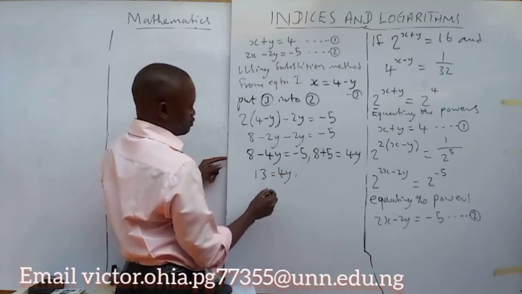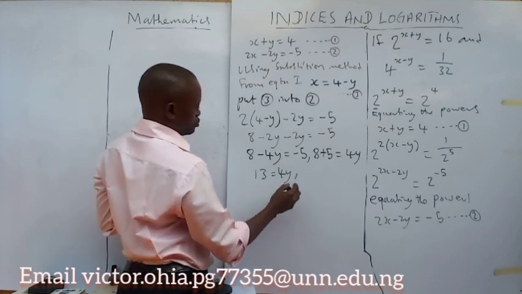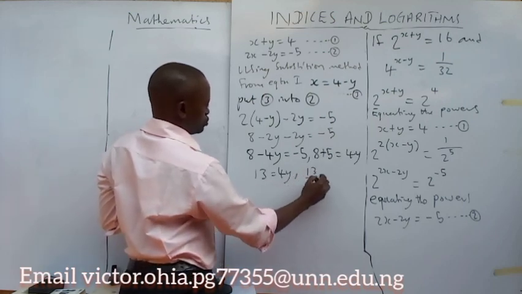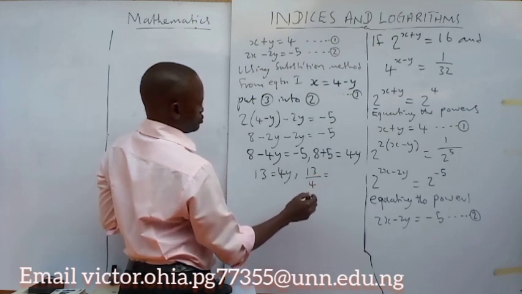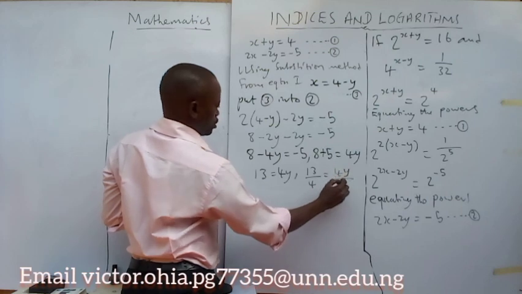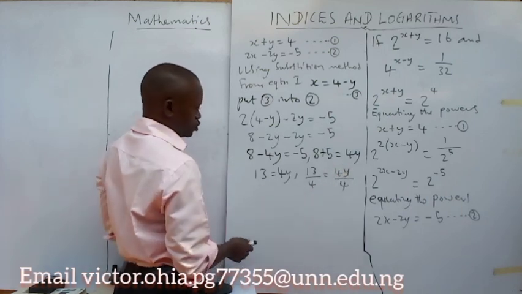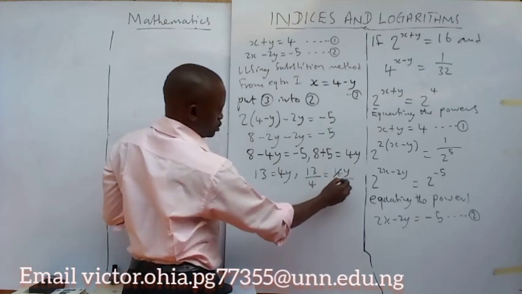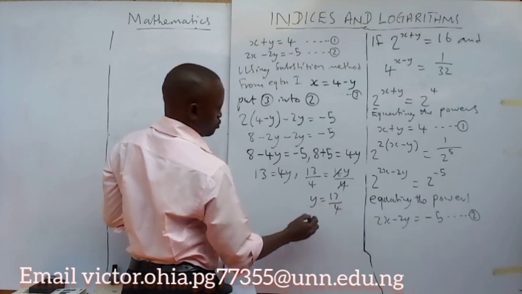So if I divide both sides by 4, you will have 13 over 4 equals to 4y over 4. So finally, what do we have there? This will take away this. What do we have? Y is equals to 13 over 4.